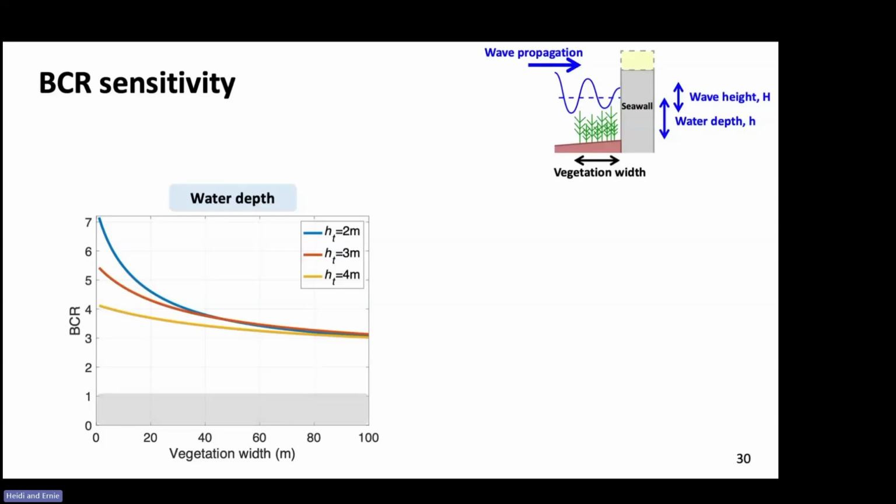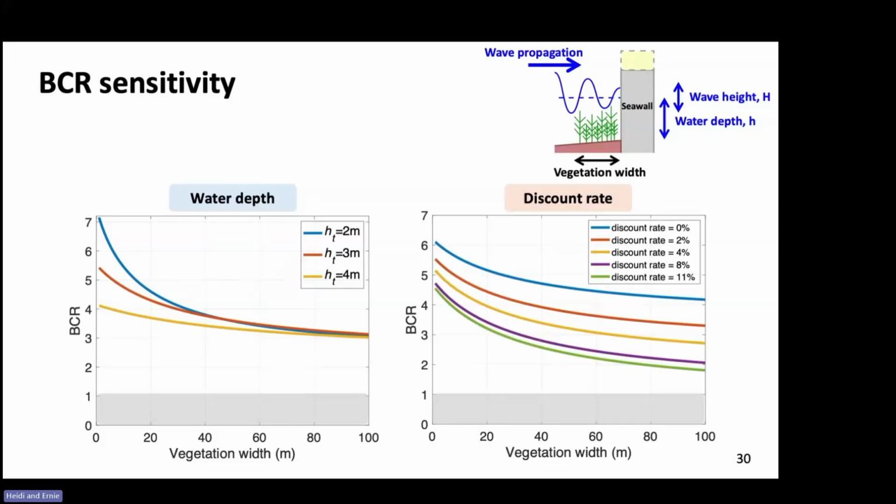Next, we look at the sensitivity of this benefit cost ratio in terms of what discount rate you choose to use, because different government agencies choose their own discount rates to consider whether a project is beneficial or not. Here, looking at the ranges from 0 to 11, we show a very similar decaying curve on each of the curves.